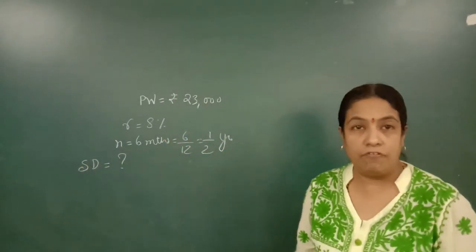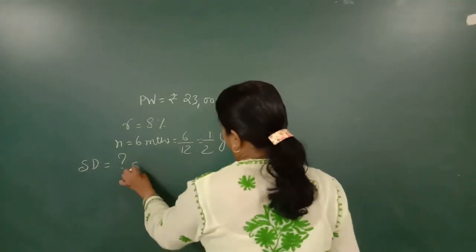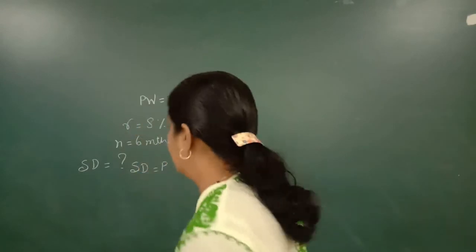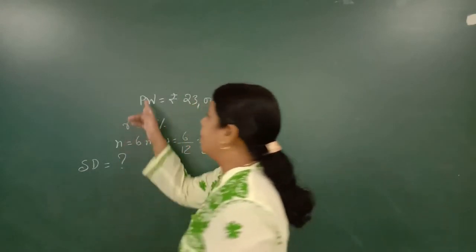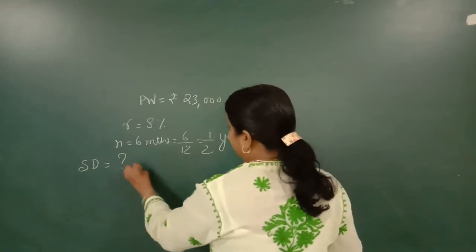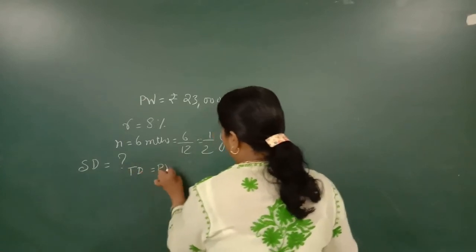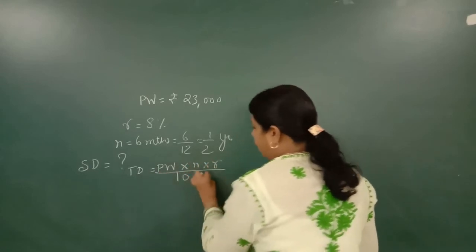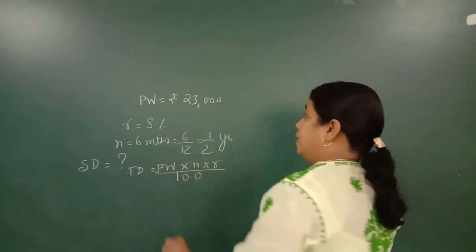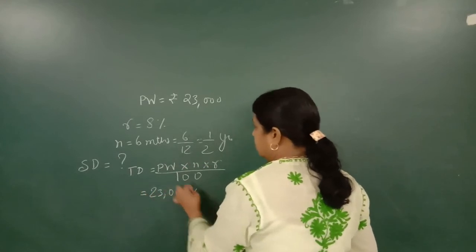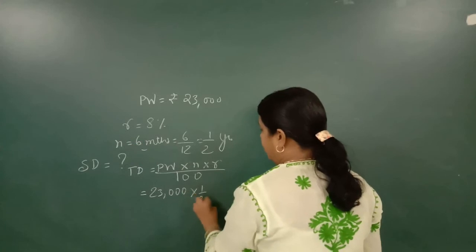अभी हमने list of formulas देखा. Sum due will be equal to what? Sum due is present worth plus true discount. लेकिन true discount निकालने के लिए true discount is equals to present worth into N into R upon 100. Present worth is 23,000. N 1 upon 2.